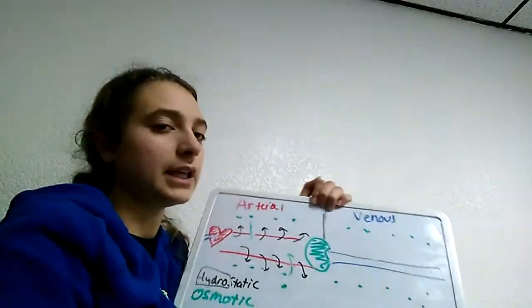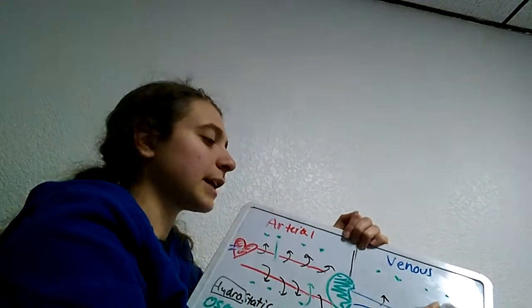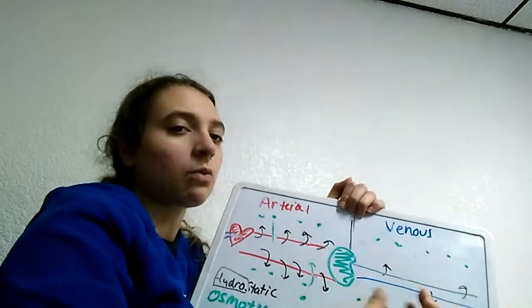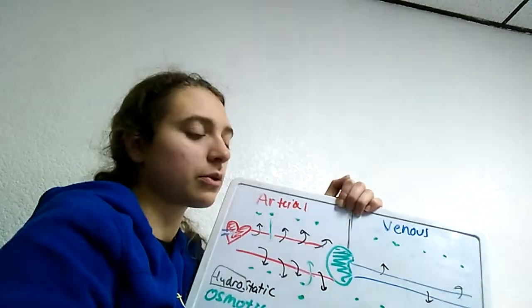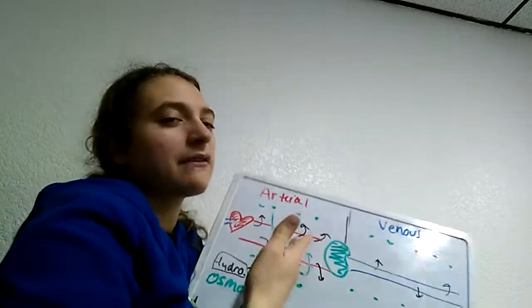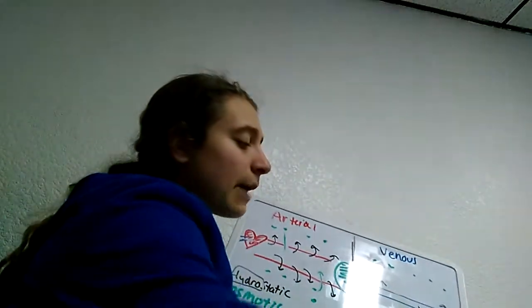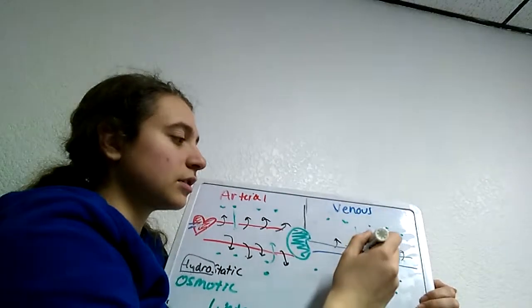So over here in the venous end, you don't have as much hydrostatic pressure. Very little, because there isn't a whole lot of water, right? Because we got rid of all that water when we were going through our artery. So it's going to have very little hydrostatic pressure. Plus, it's far away from the heart. However, you're going to have a lot of osmotic pressure.